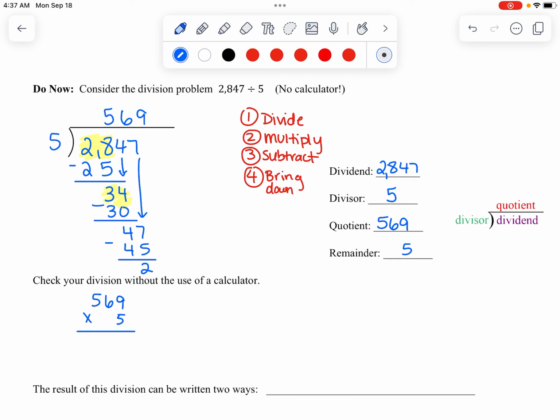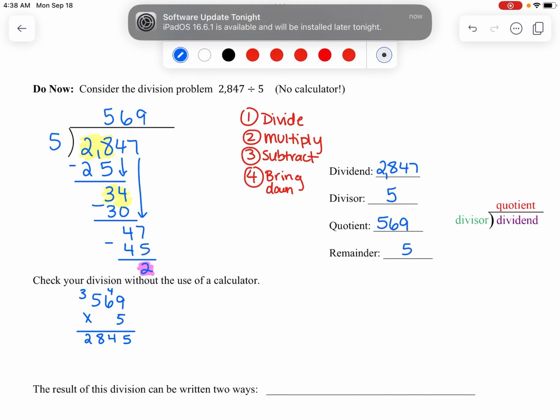All right, so 5 times 9 is 45. 5 times 6 gives me 30, plus 4 is 34. 5 times 5 is 25, plus 3 is 28. That's not quite my dividend, the number I started with, because we have that remainder of 2 that I need to bring back.